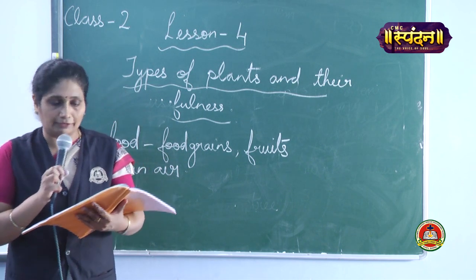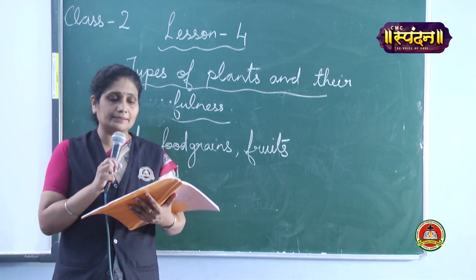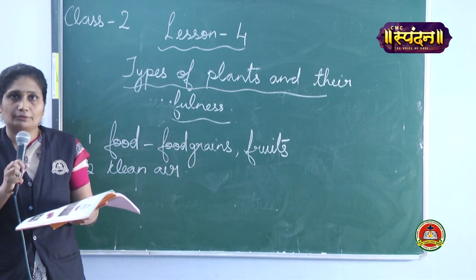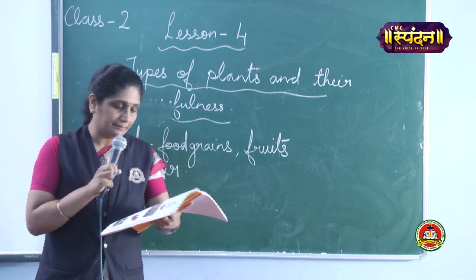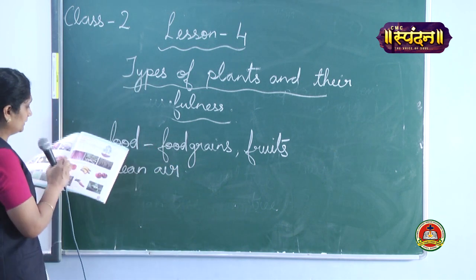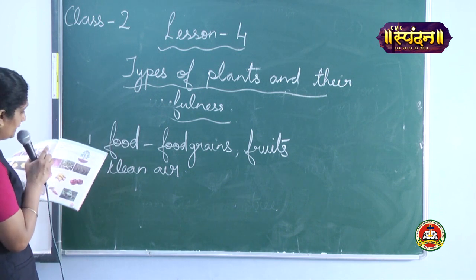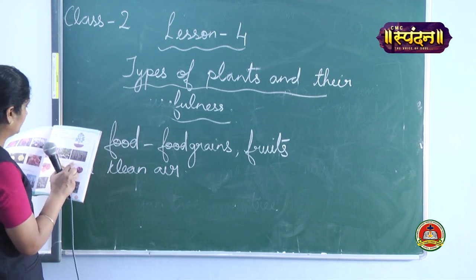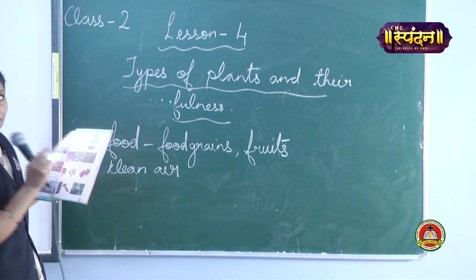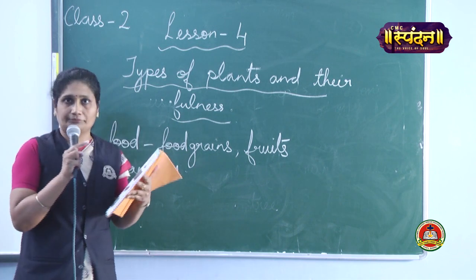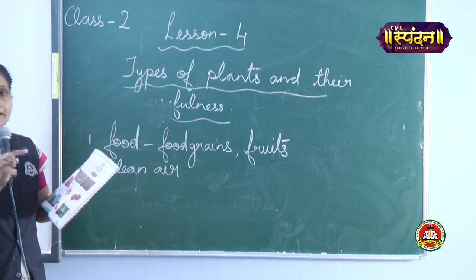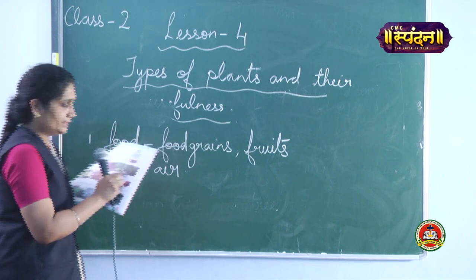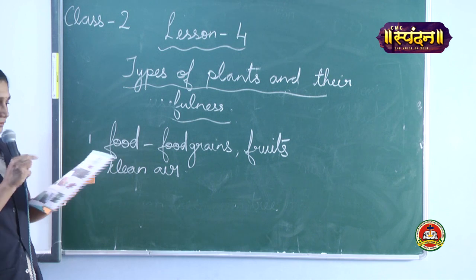So, these crops are also called food grains. Wheat. This is the maize and rice. Butta hai. Do you all eat maize? It's very good for your eyes also, so you must have it. And rice also. These are the food grains.